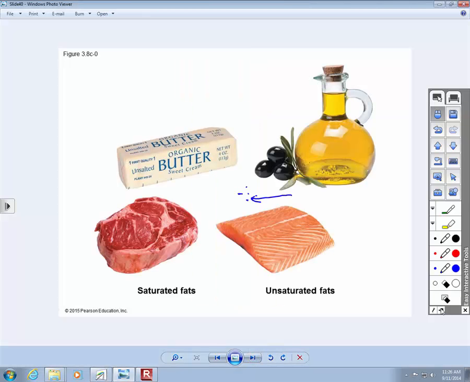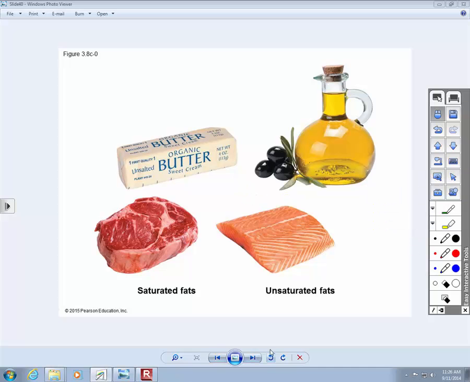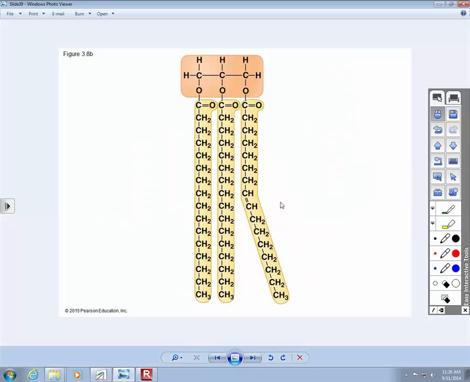And because of that, you get this little crook. Whoa, that's not what I meant to do. All right, we'll back up. So we get this little crook. And because of that, if you had a triglyceride where you have those little crooks, it's an unsaturated triglyceride. It doesn't have as many hydrogens as you can possibly put on there.